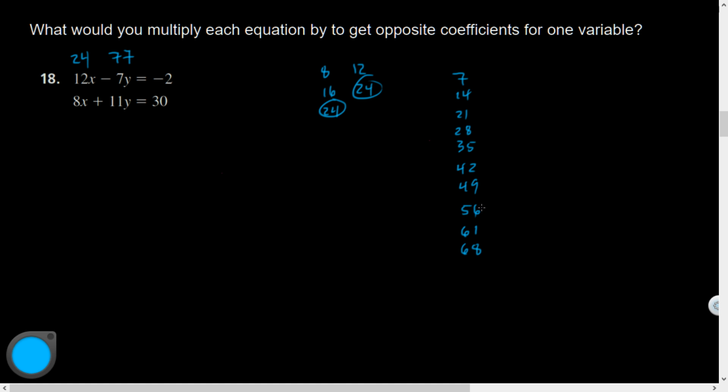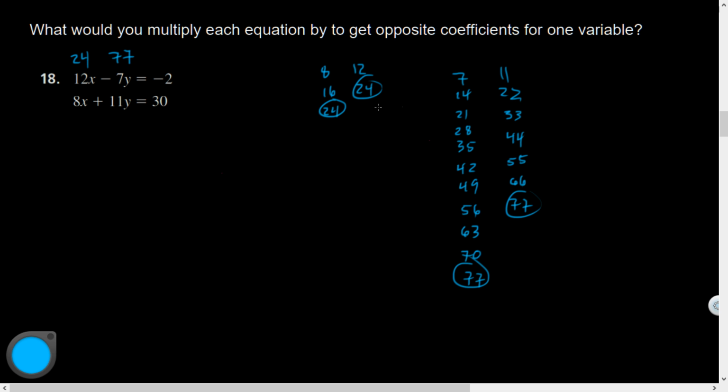Oh, 63. That's what it was. All right. Yeah, for some reason I was like 7 minus 6 is 1, and then I made a 1, but that's not at all what works out. There we go, 70 and 77. I told you I was going to make a mistake. And then 11s would have been 11 and 22 and 33, 44, 55, 66, 77.